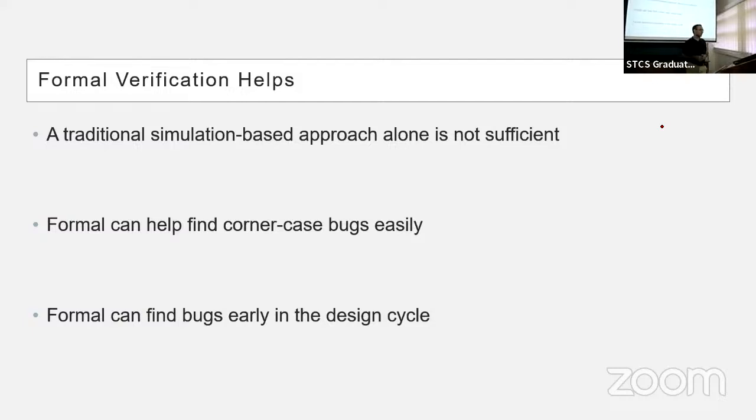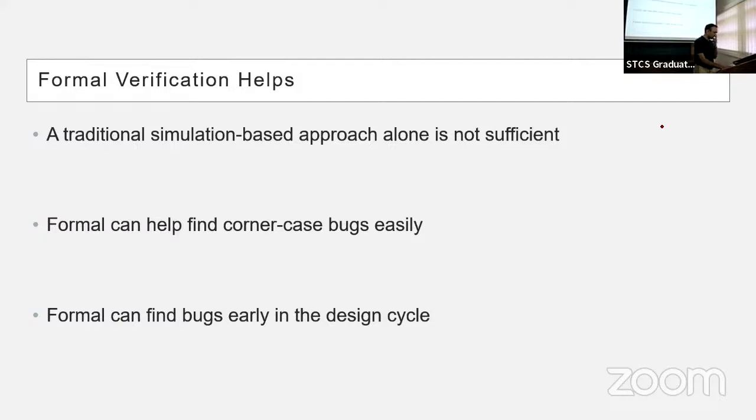We need to have something, and that something is formal verification. Using that, we can catch these corner case bugs easily. And formal also helps catching them early in the life cycle, which can reduce the time to market and help the companies in saving some dollars.